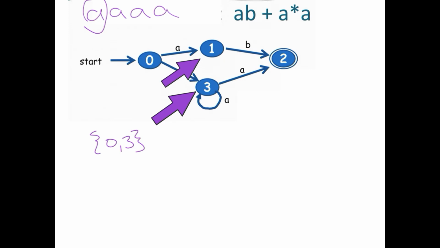Let's take this arrow and rotate it a bit so it's out of the way. So one of the possible places I can be after processing that first A is state 1. Before processing that first A, I could also have started at state 3, and from state 3 there are two places I could end up: I could do that loop and stay at 3, or I could follow this transition and end up at 2.